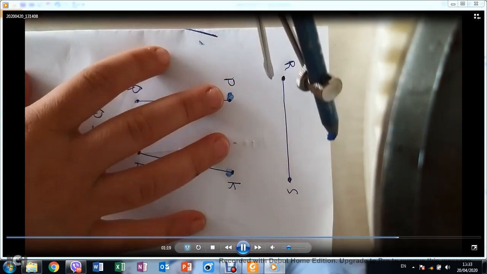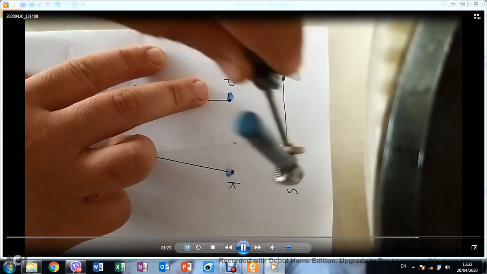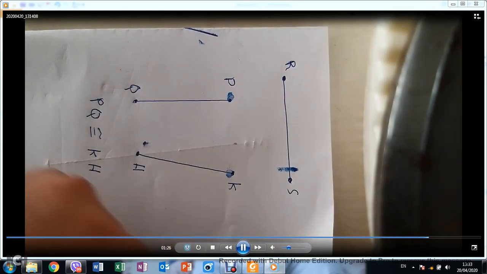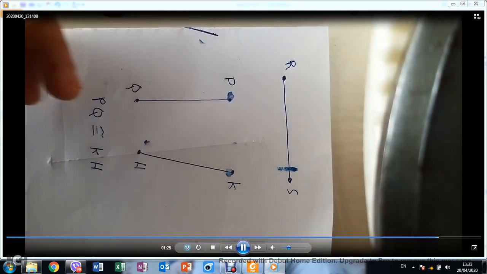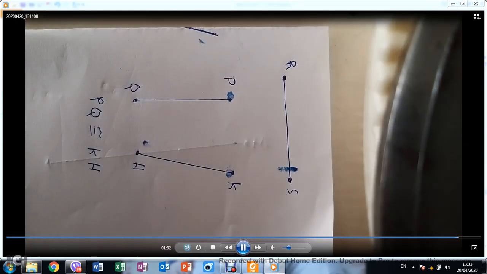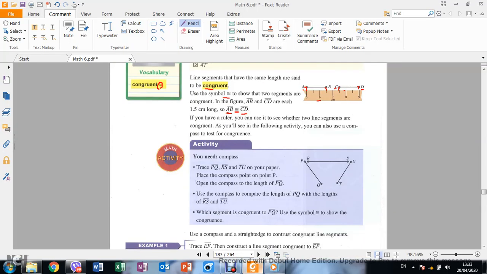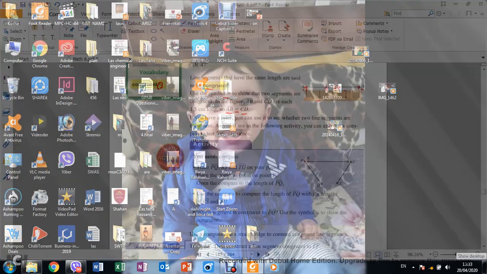Now at the same opening, don't touch it, directly use the same method. This one is not equal. RS is not congruent to PQ or to KH. Only two lines are congruent to each other. This is the activity I showed them.